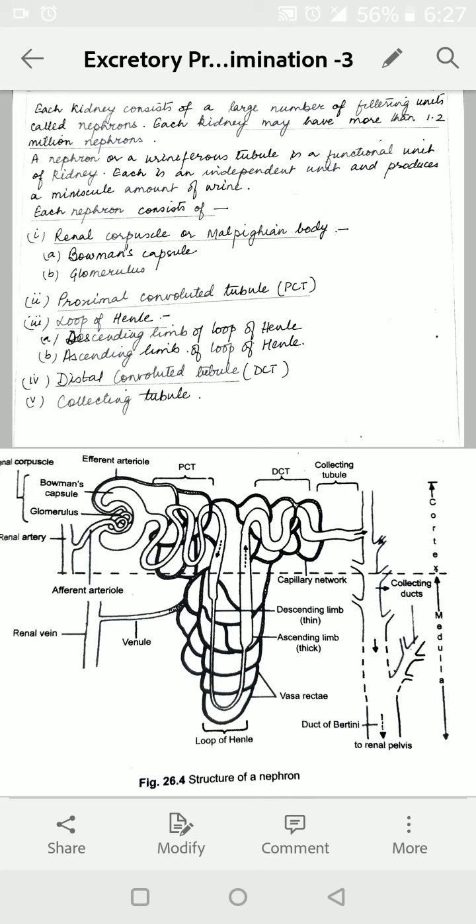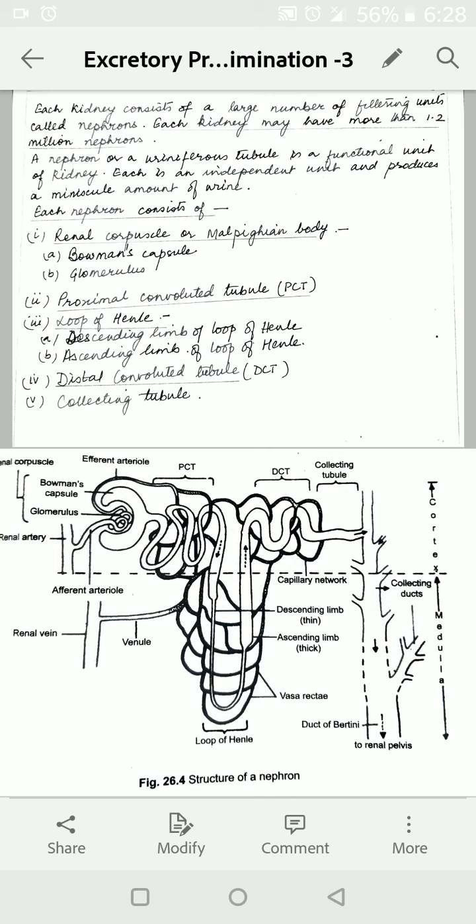Please make note of the spellings here. Afferent is spelled with A, and afferent arteriole then breaks up to form a capillary network, and the blood leaves the glomerulus through the efferent arteriole. Why I said make note of the spellings?